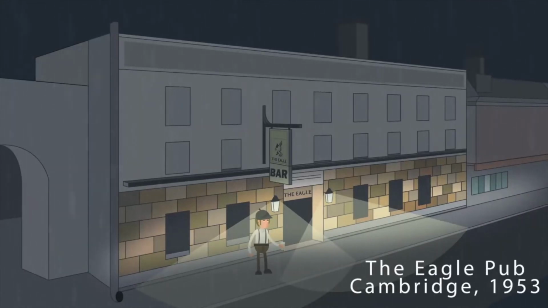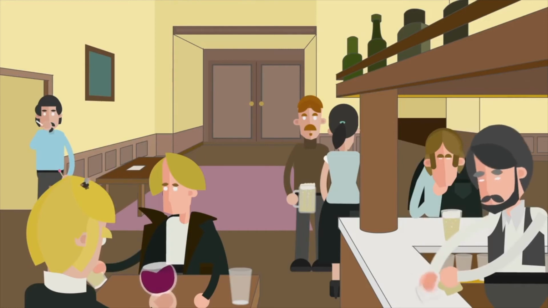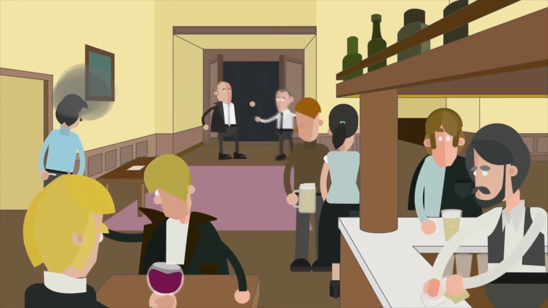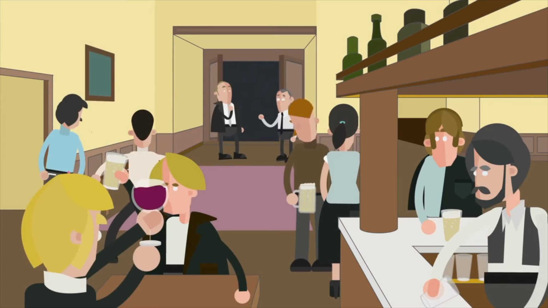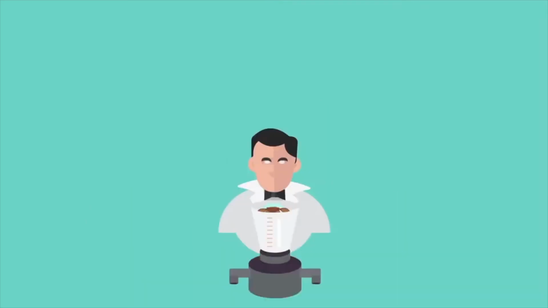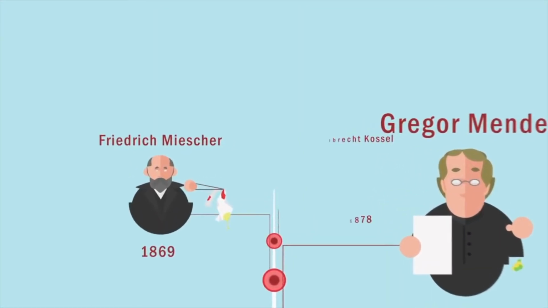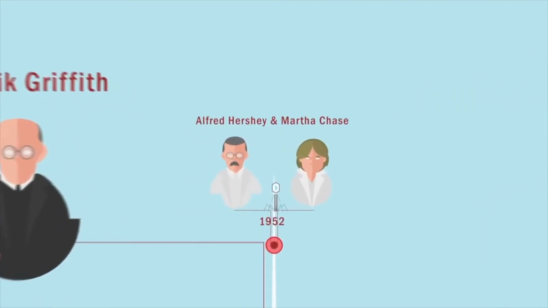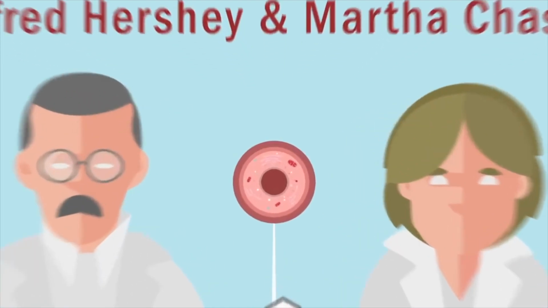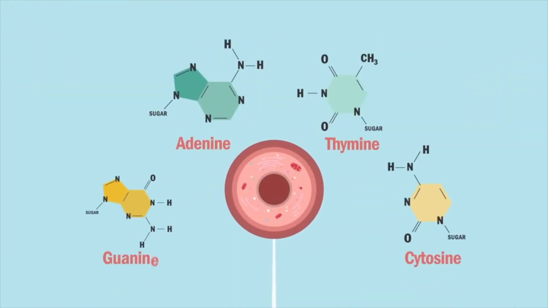We are in 1953 in Cambridge, a city where scientists are racking their brains to corner what was known as... We have discovered the molecule of life. Yes, that one. Okay, let's rewind a little. Several researchers over many years discovered that in the nucleus of our cells there was a substance called DNA, which contained all our genetic information, and it was made of 4 compounds: adenine, thymine, cytosine, and guanine.